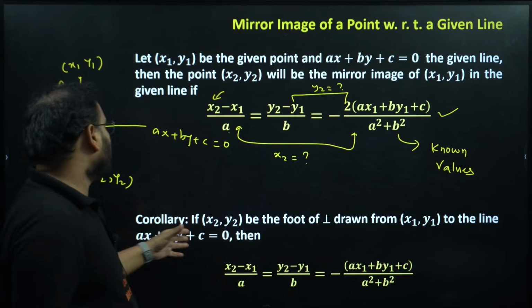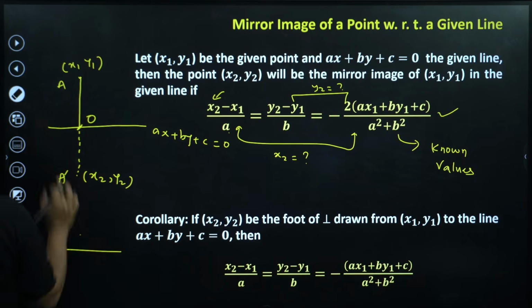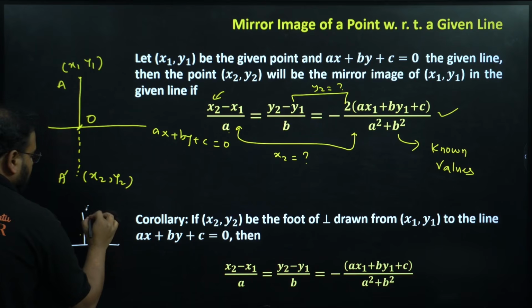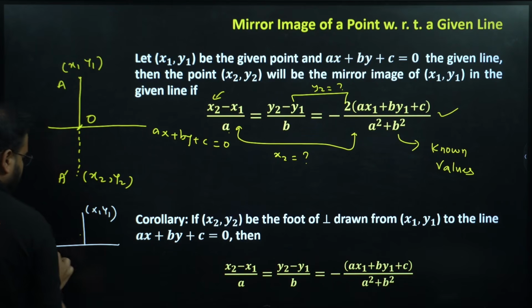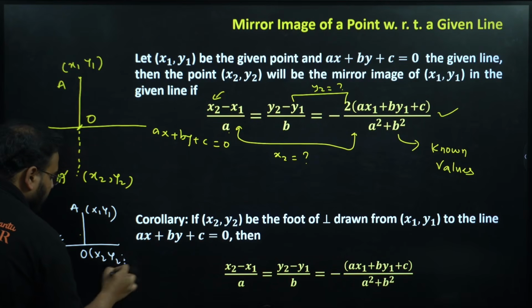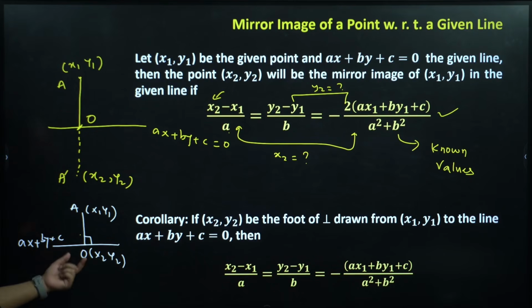Now, this is the second case, just about to complete this particular chapter. If this is the point, same thing, x1, y1, this is the same line, ax plus by plus c, then this point O will become your x2, y2, and this is called the foot of the perpendicular.